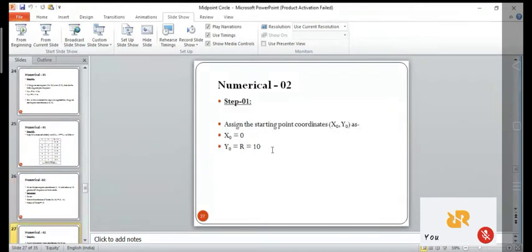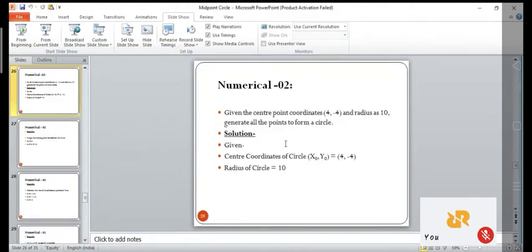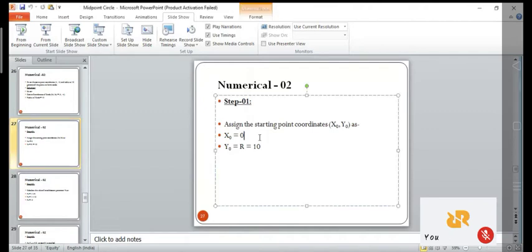Then step 1, you assign the starting point of x and y. So the x value over here, sorry, this is wrong, I'll just rectify it. The x0 value will be 4, I'll write 4 over here, and the y0 value is going to be 10.